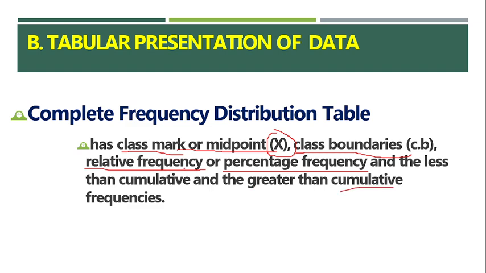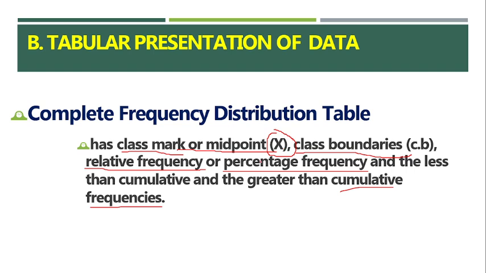In terms of cumulative frequencies, there are two types, because there are some frequency distribution tables that show cumulative frequency but don't show whether it is less than or greater than. Because we have the organization of your cumulative frequency, either it ranges from top to bottom or bottom to top, or later on I'm going to show you.